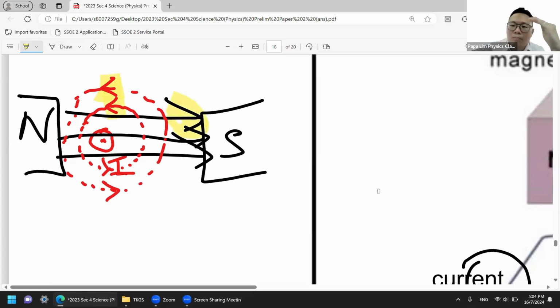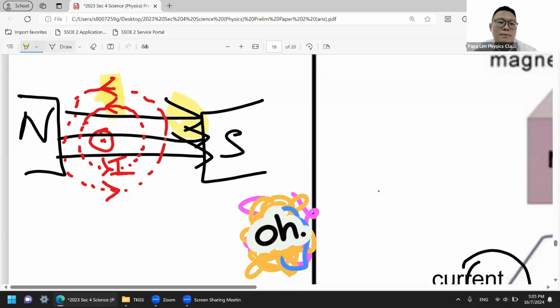So for the top side, these two magnetic field lines, the red and the blue, are in opposite direction. Because they are in opposing directions, they cancel each other out or make the field smaller. So the top side is weaker.